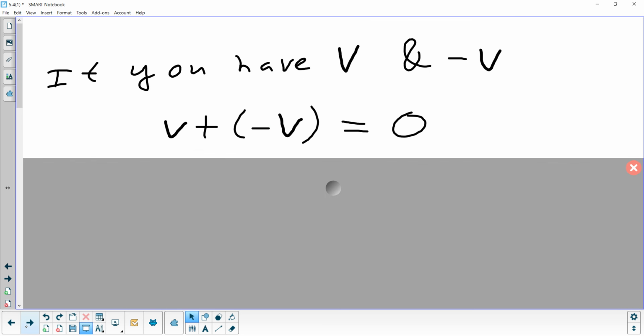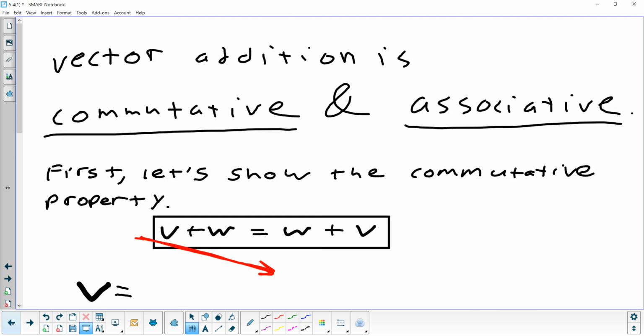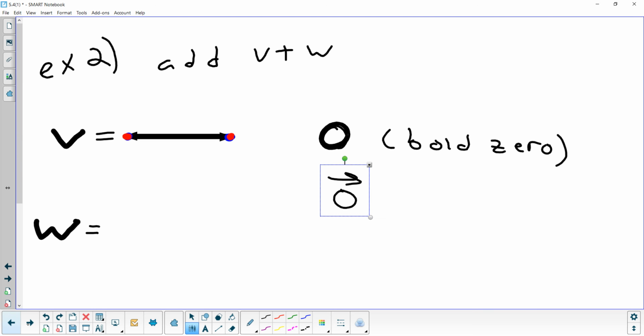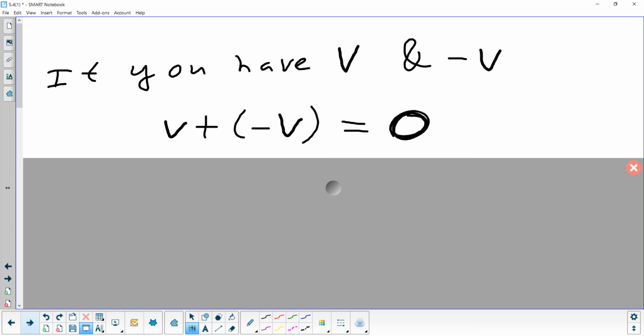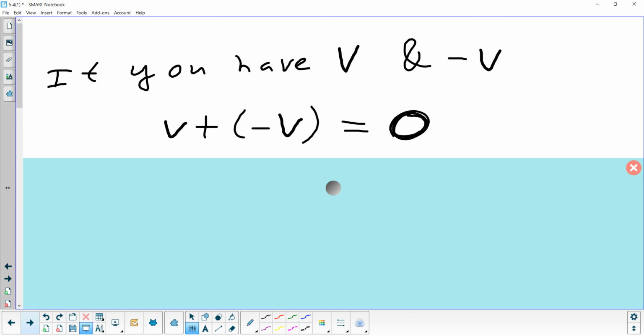Okay. So, this is an example of what we did. What number was it? Number 2. This was number 2. If you add 2 vectors that are opposites, like you take a vector and you add its opposite, you get the 0 vector. And example 2 showed you exactly what this means.